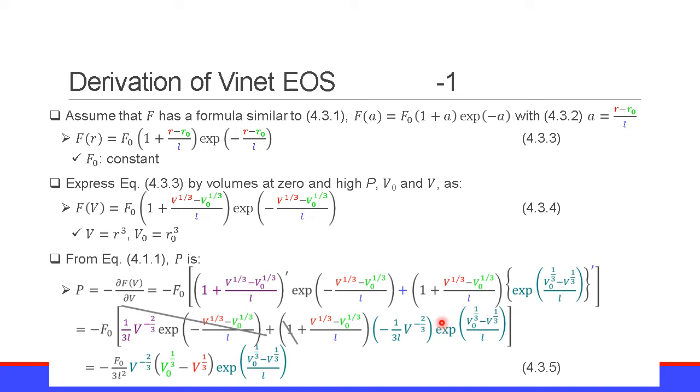Then we calculate and simplify, and we obtain the pressure is equal to minus F0 over 3L squared times V to the power of minus 2 over 3, times (V0 to the 1 over 3 minus V to the 1 over 3), times the exponential function of (V0 to the 1 over 3 minus V to the 1 over 3) over L. Equation 4.3.5.